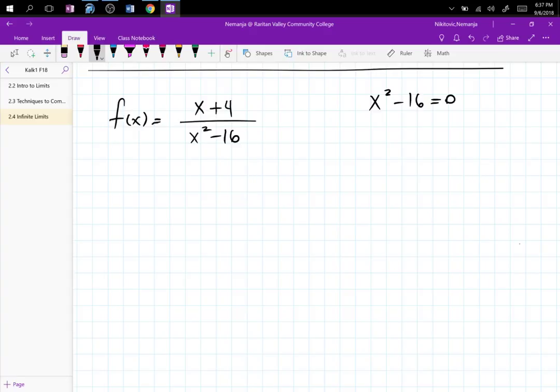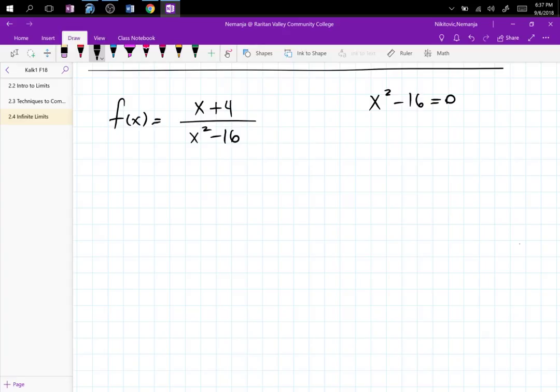This calculation, denominator equals 0, will give you candidates for vertical asymptote, and some of them will turn out not to be vertical asymptotes. So what you know from pre-calc, you need to upgrade now, because we have more powerful tools to test these things.